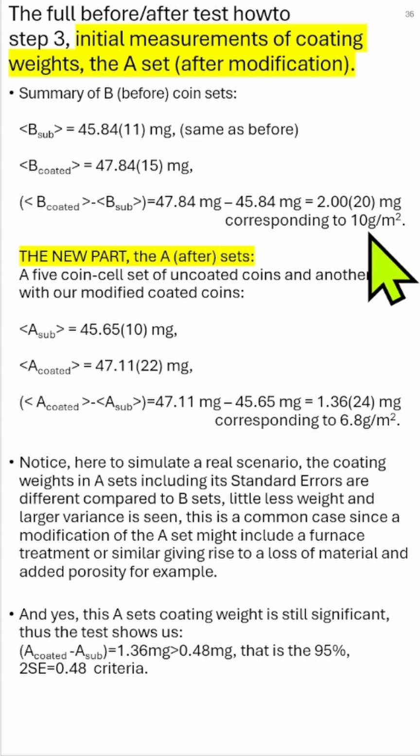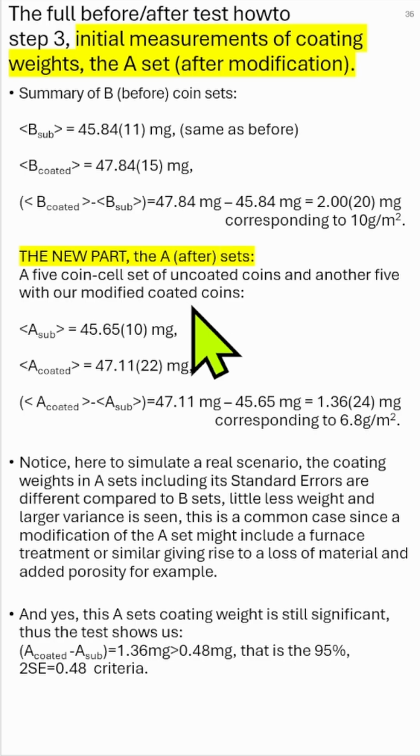This corresponded to 10 grams per square meter in coating weight. So now the new part, we want to add the A set, where we do that modification of the electrode material, right? So that means we have another batch of 5 coin cells, both of uncoated coins and another 5 set with that modified electrode coating on.